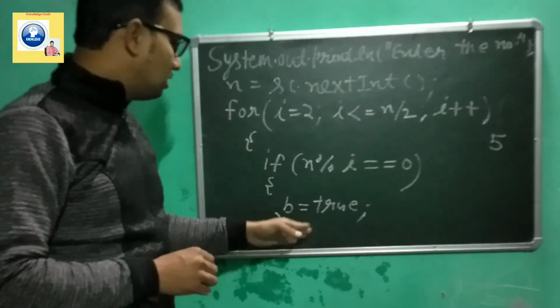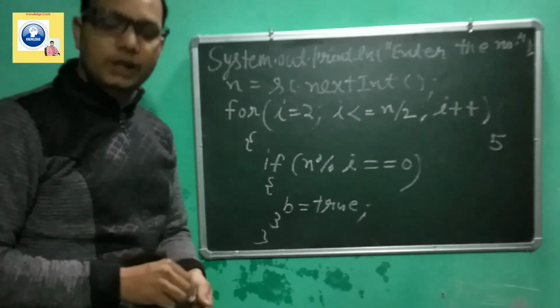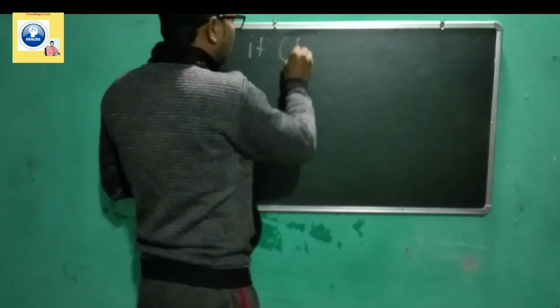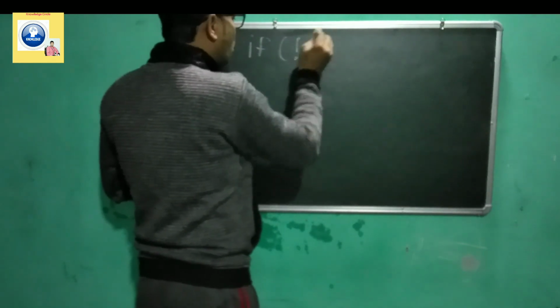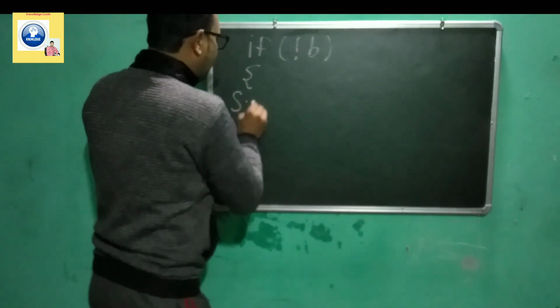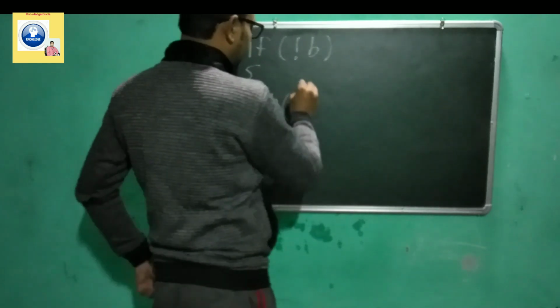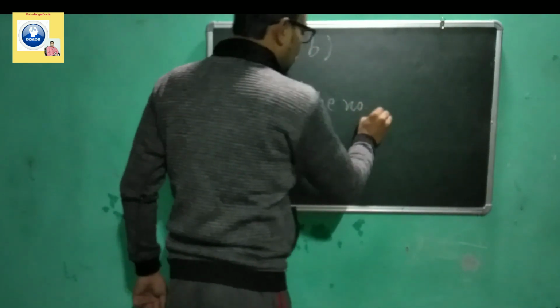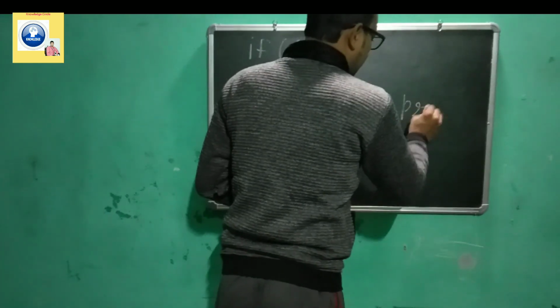Now we will check whether we have got the value of b true or false. If not b, then what we will print? The number is prime.